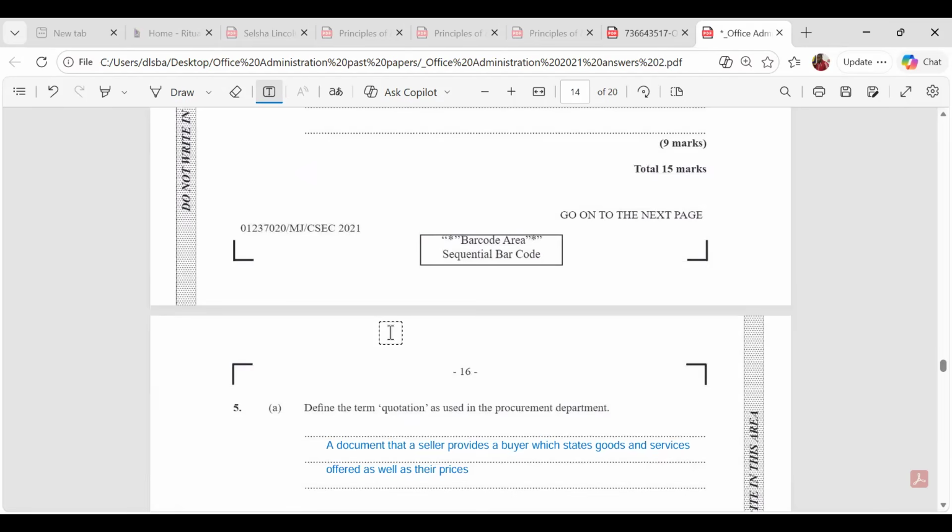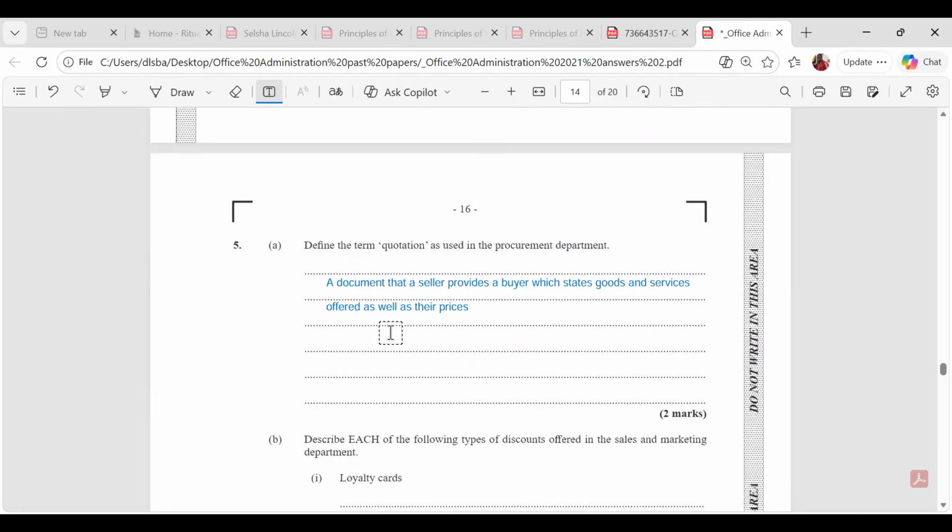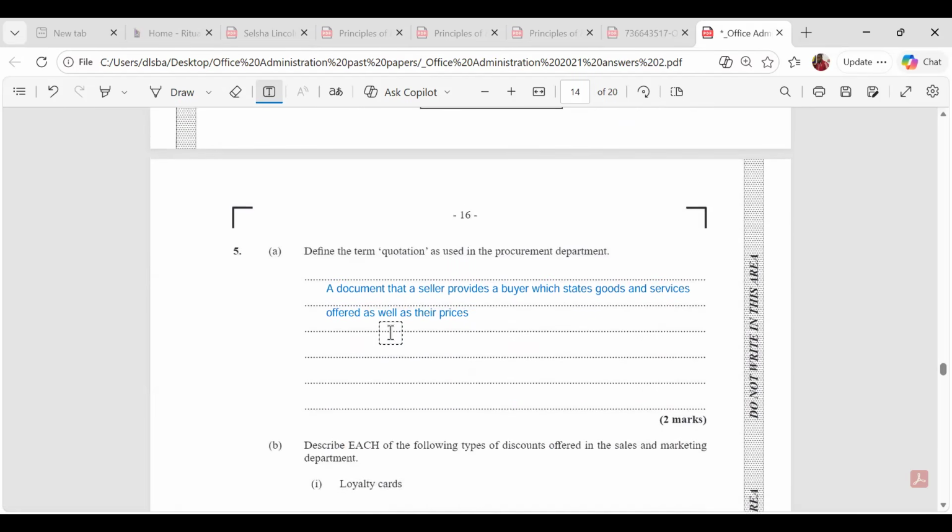Number 5, procurement question now. You're asked to define the term quotation as used in the procurement department. We know it's a document that gives us a list of goods and services that a company sells and their prices. Not too difficult. Then they say describe each of the following types of discounts offered by the sales and marketing department.